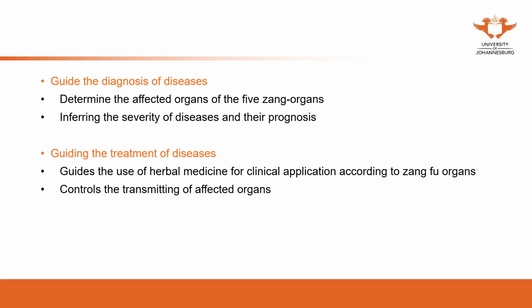This theory also can be used in the treatments, for example, to guide the use of the herbal medicine, also to guide the indications of herbal medicine. Some according to the colors, according to the taste of the herbal medicine.